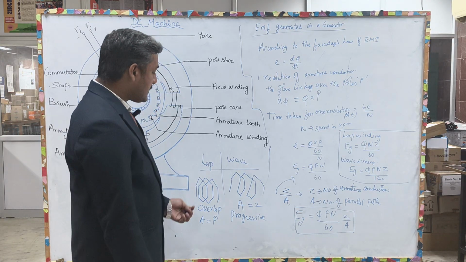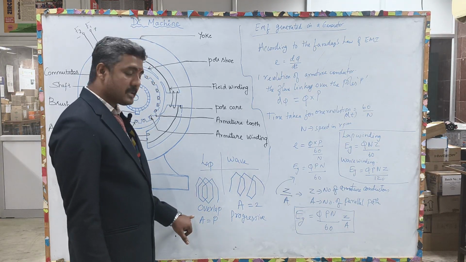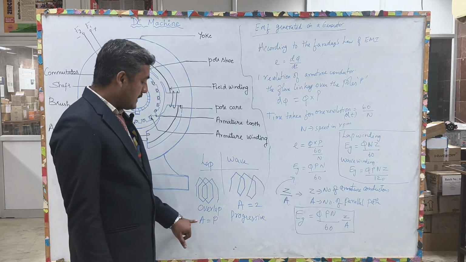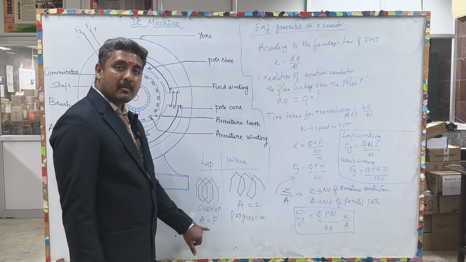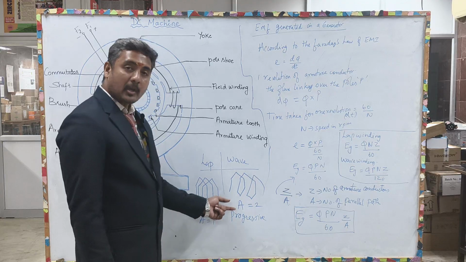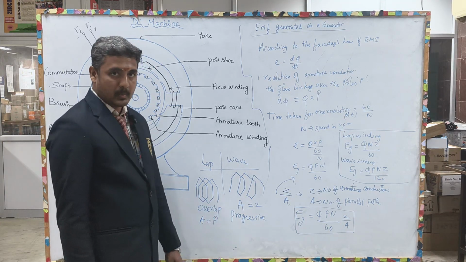Now, what are the differences between lap and wave winding? The first difference is that in lap winding the windings overlap with each other and the number of parallel paths is equal to the number of poles. In wave winding, it is a progressive wave where the number of parallel paths is equal to 2.